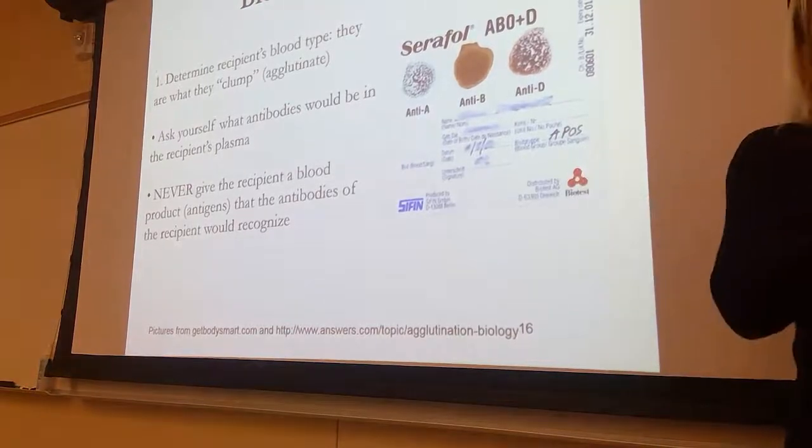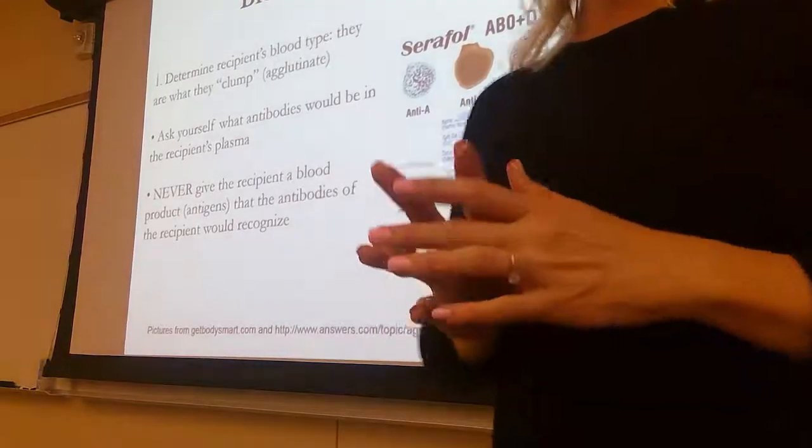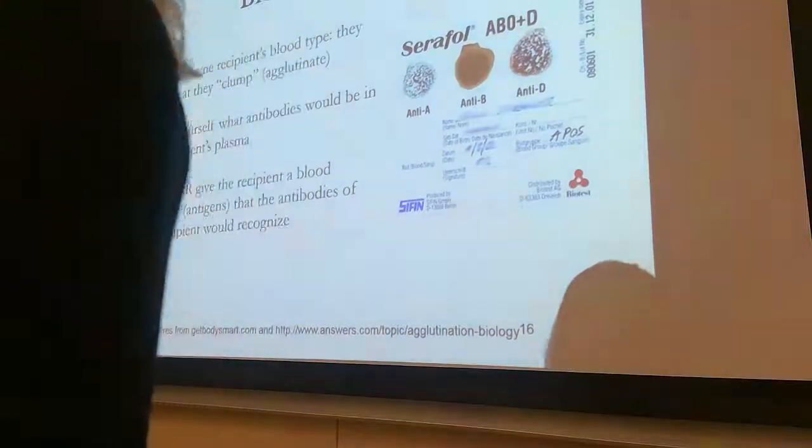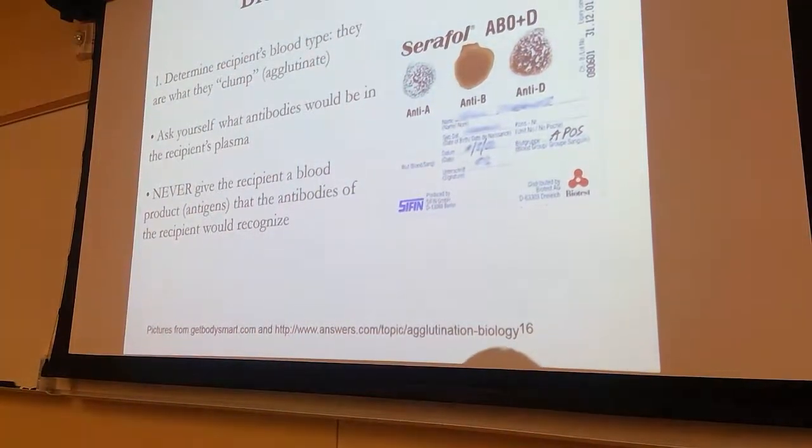So when you are ever dealing with a patient that needs a blood transfusion, speaking of incompatibility, you must first determine the person's blood type. The next thing you do is, once you know what antigens they have on their red blood cells, you must ask yourself, what antibodies do they have in their plasma? If they are A positive, they would not have anti-A antibody.